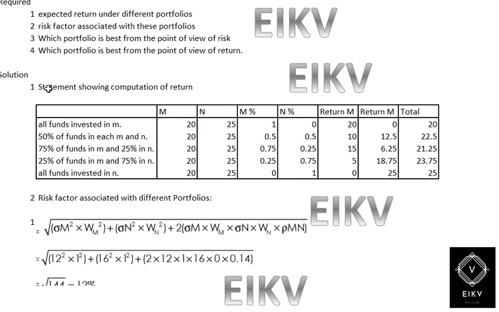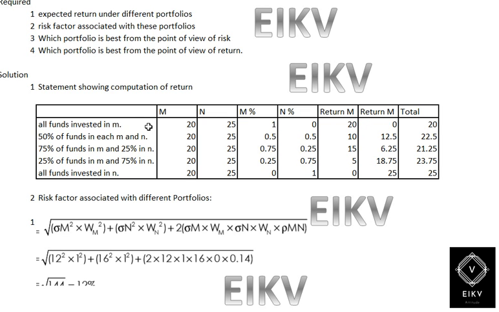Going ahead with the solution, first of all we need to prepare the statement showing computation of return. So first we have M, all the funds invested in M. I have made a table containing 8 columns: particulars M and N, then percentage of holding, then return and total return.